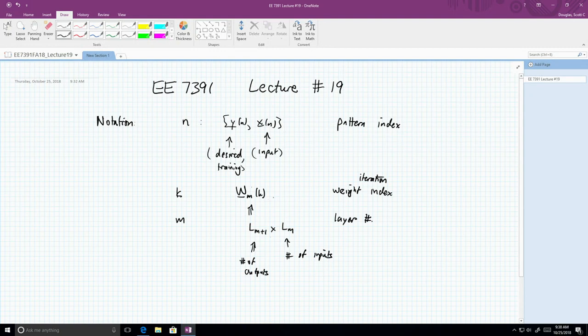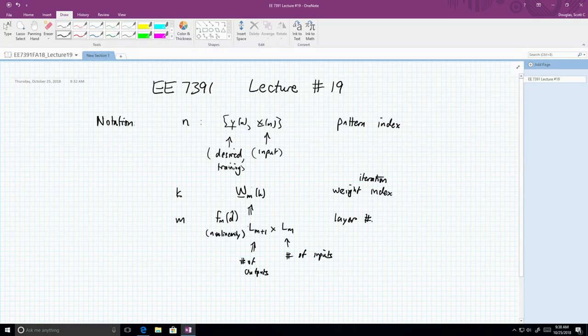And by the way, when we talk about m, the layer number, we're going to have an associated quantity, f_m of d hat. This refers to the nonlinearity in the structure at layer m.